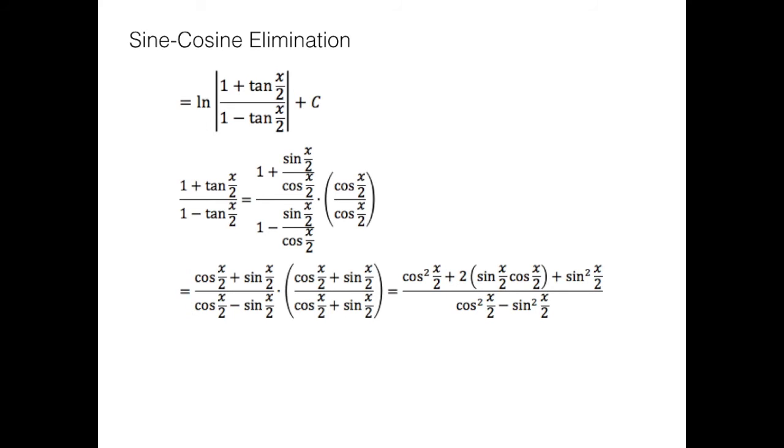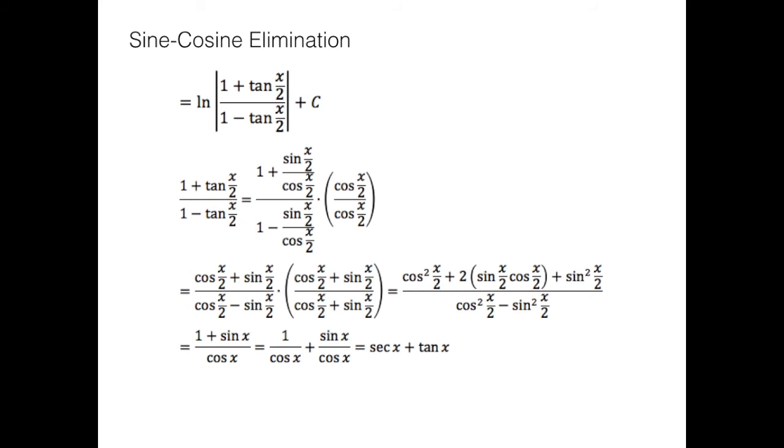And then if we multiply again by 1, or in this case, cosine x over 2 plus sine x over 2 all over cosine x over 2 plus sine x over 2, we get cosine squared x over 2 plus 2 times the quantity of sine x over 2 cosine x over 2, plus sine squared x over 2, all over cosine squared x over 2 minus sine squared x over 2.